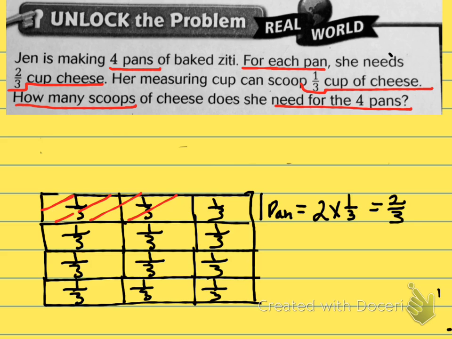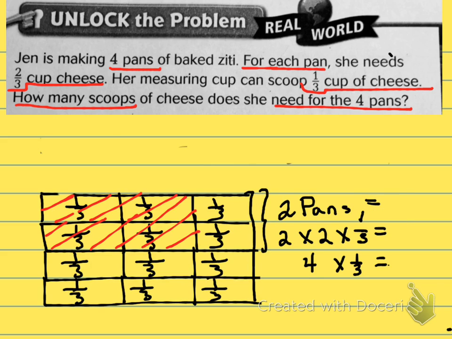Now let's take a look at the next. Now I'm looking at 2 pans, and I say 2 pans times 2/3 cups of cream cheese equals 2 times 2 is now 4. 4 times 1/3 equals, you're right, 4/3.